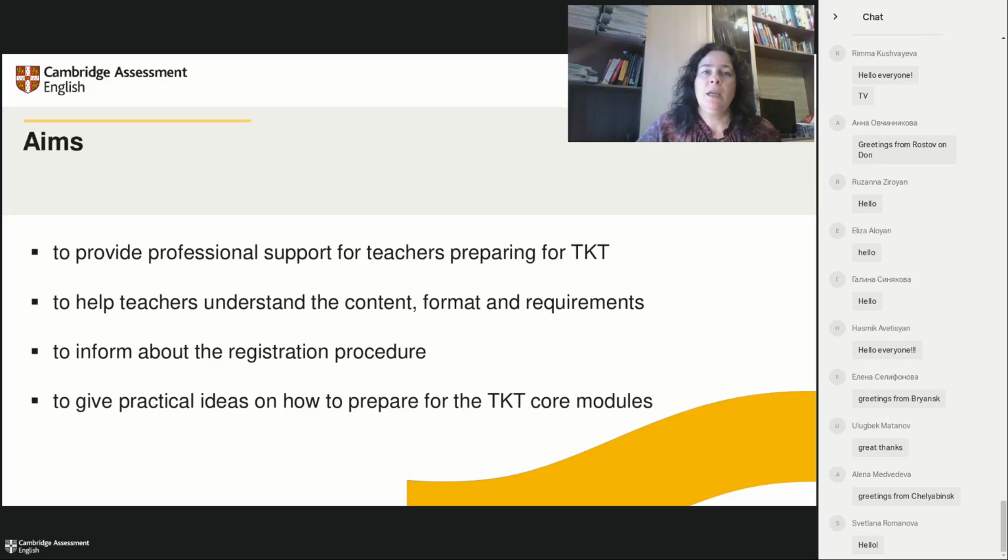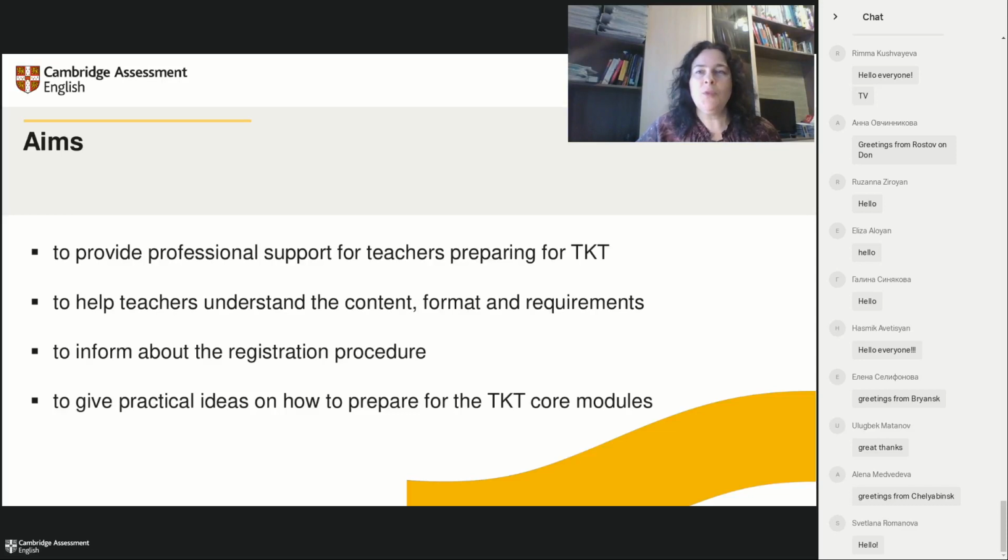We'll talk about the format of the test, different task types, and the requirements. I'll give you some tips on how to prepare, what information you need to be aware of, how to find a training center or an exam center to register for the exam, and of course lots of tips and ideas on what to brush up on.